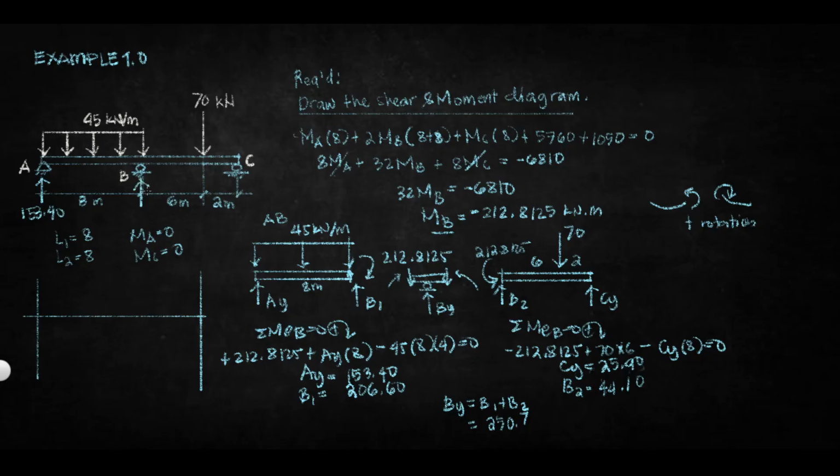Ito yung BY, 250.7. Then for CY, we have 25.90. Okay? So, tataas tayo for the shear diagram. Tataas ng 153. Let's say this is the 153.40. Bababa tayo.